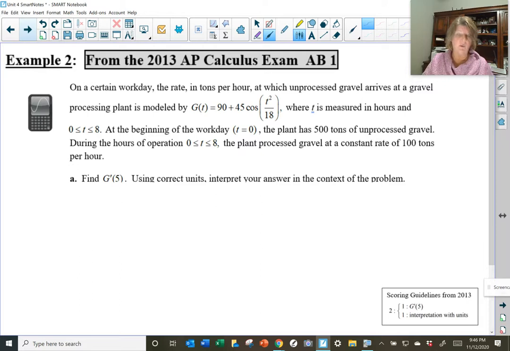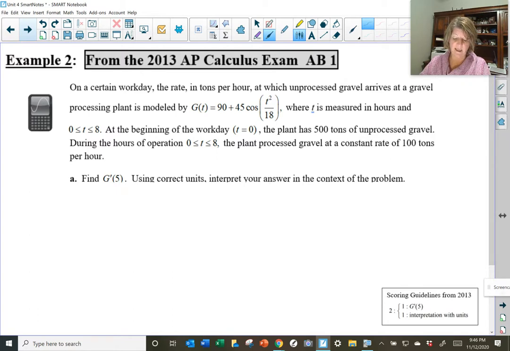Example number 2. This is where we're going to use our calculator, so go ahead and turn your calculator on. It says on a certain workday, the rate in tons per hour at which unprocessed gravel arrives at a gravel processing plant is modeled by G of T equals 90 plus 45 cosine T squared divided by 18, where T is measured in hours and T is between and including the endpoints 0 to 8.